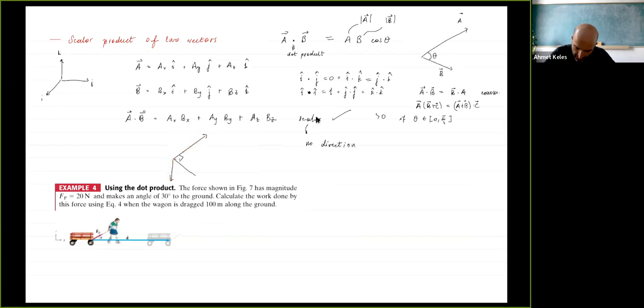And cosine immediately takes care of that. The short answer is yes, it is negative because cosine is negative. And pictorially, it means one of the vectors has a component in the opposite direction of the other vector. Good?